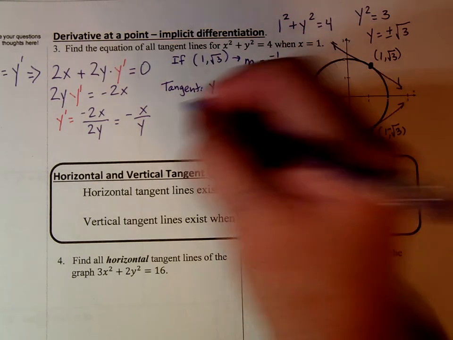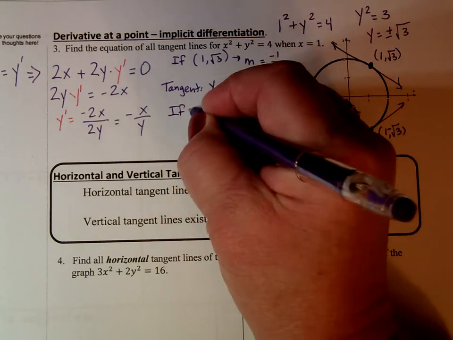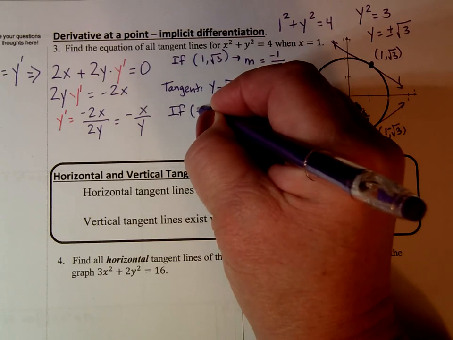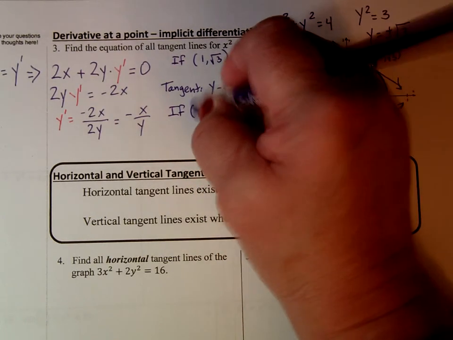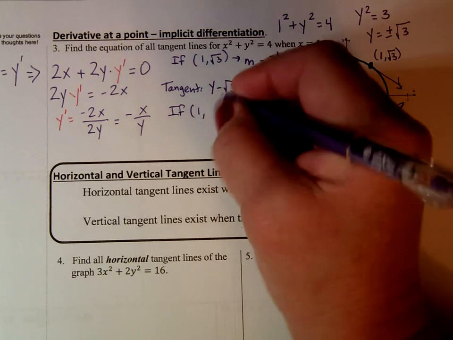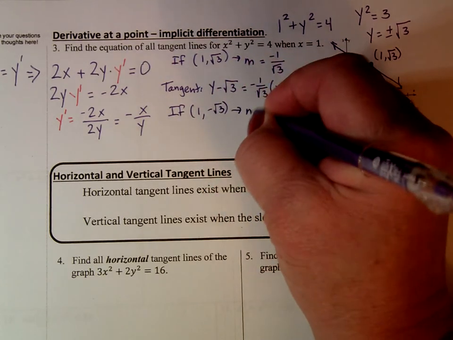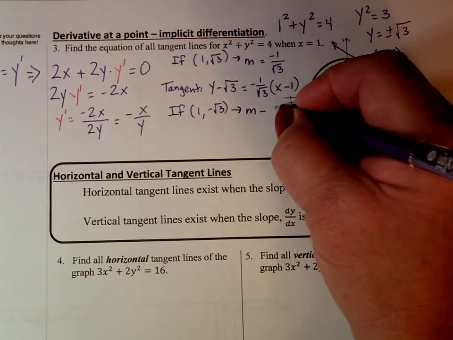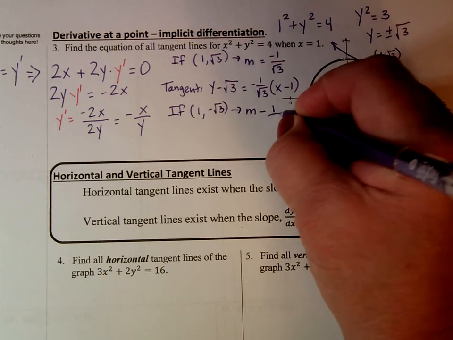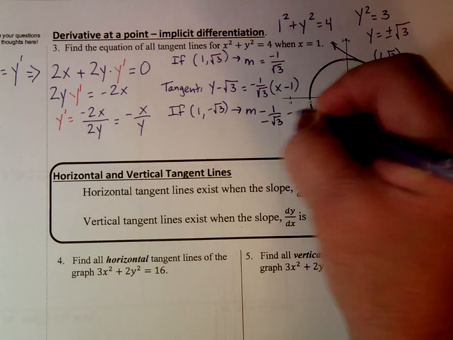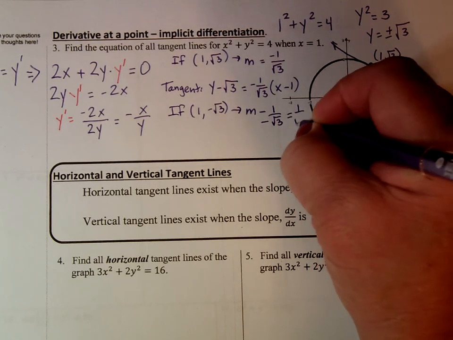If I'm at the other location, still positive 1, negative square root of 3, then my slope is going to be negative 1 over a negative square root of 3, or a positive 1 over the square root of 3. So here we go.